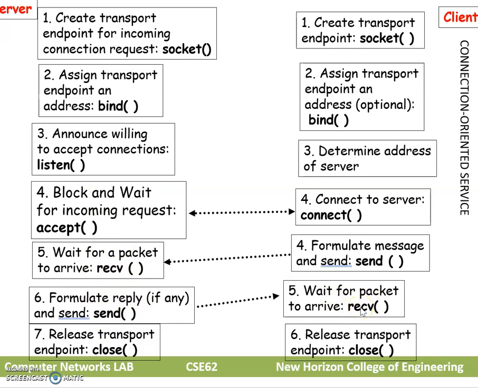Both are possible in a TCP/IP connection, which is a connection-oriented service. Once the data transfer is completed, we call close, on the server side as well as the client side, and then the connection is terminated. So this is the functional flow of the server and client working procedure.